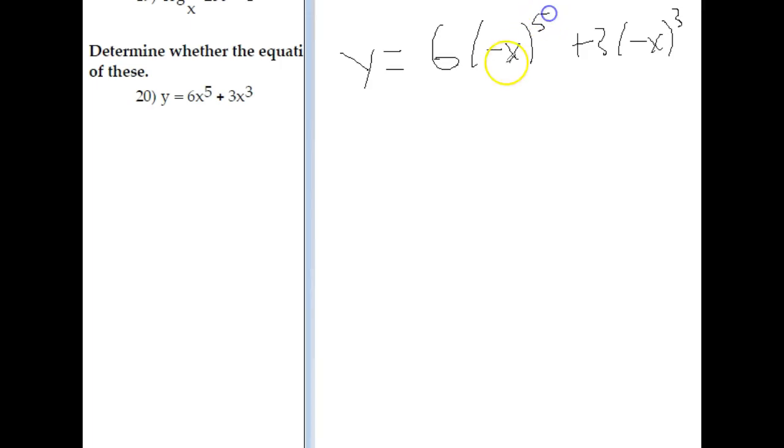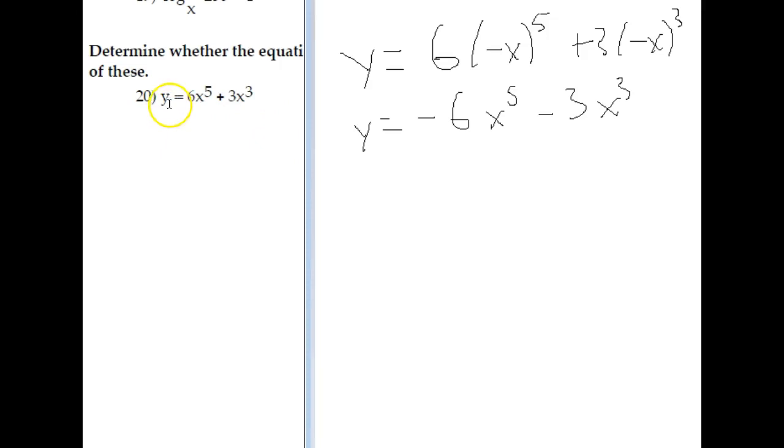Well, it's going to be different, because when you raise something negative to the 5th power, it gives you back a negative. So you'd actually have minus 6x to the 5th, and then this term would be negative as well, minus 3x to the 3rd, because we're getting a negative introduced here. And so we get a different equation than when we had positive x's here. So it's not symmetric with the y-axis.